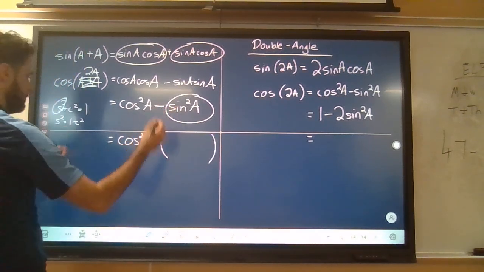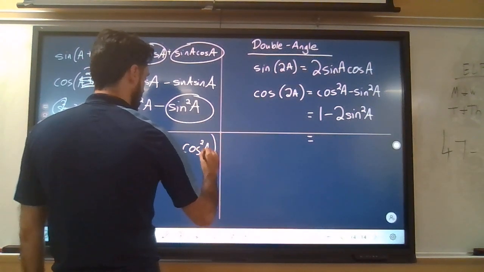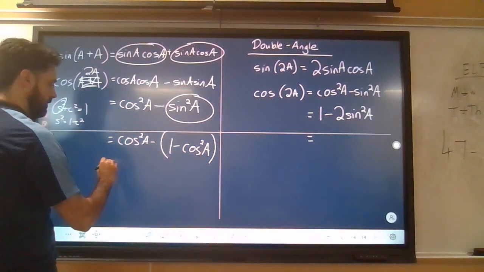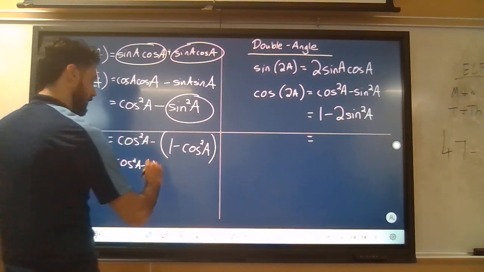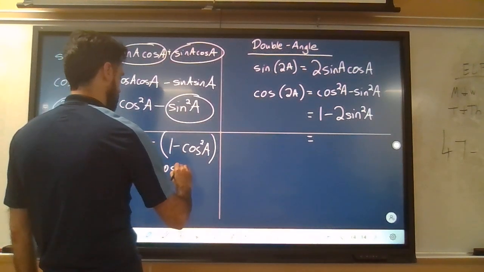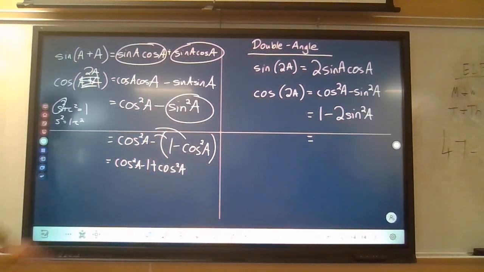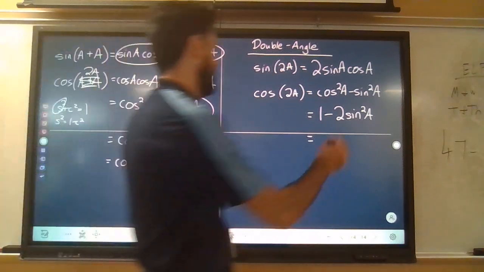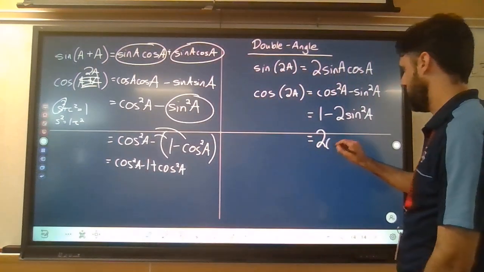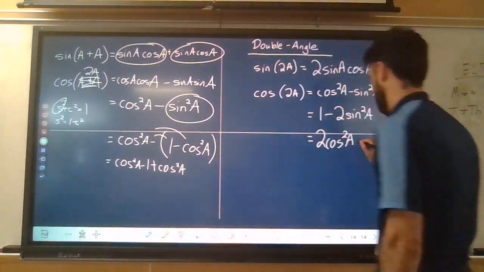I'm going to replace sine squared with 1 minus cosine squared. Then I'm going to distribute the negative here to give me cosine squared minus 1 plus cosine squared. Again, both of these here get the negative. Well, now I've got 2 positive cosine squareds, and that's going to add to 2 cosine squared A, and we still have that minus 1.